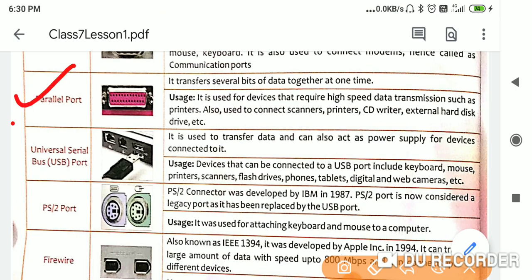So in parallel port you have to write, it transfers several bits of data together at one time, and then it is used for devices that require high speed data transmission such as printers. So this is your answer 3, and the last one is flash drive.